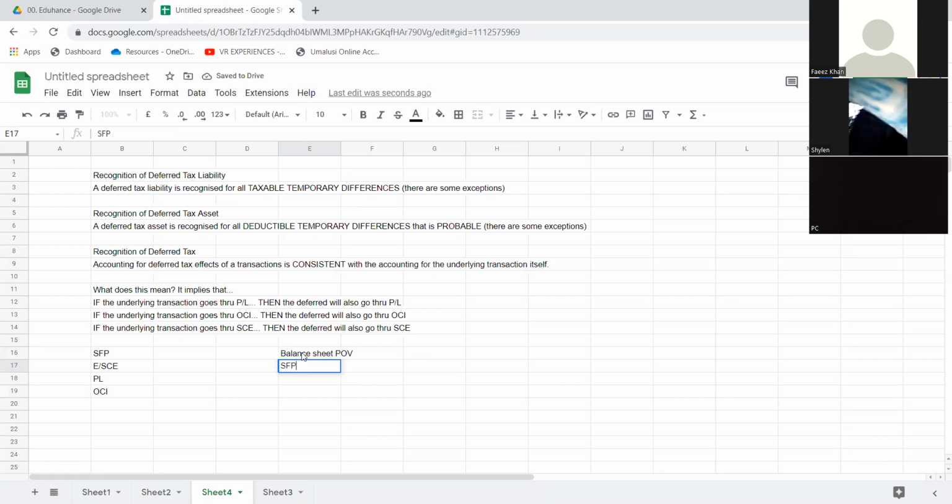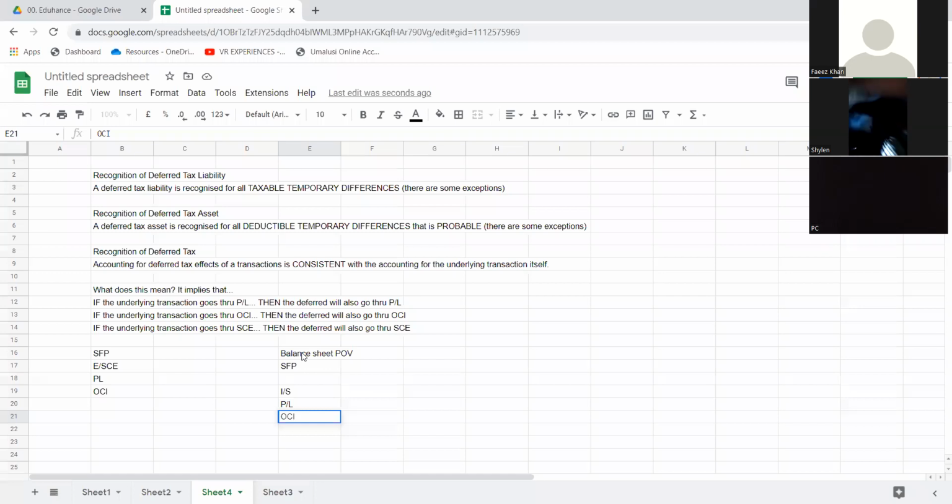From an income statement point of view, it would be P&L or OCI. That is why when something hits the income statement, you need to make it really clear whether it is P&L or whether it is OCI.